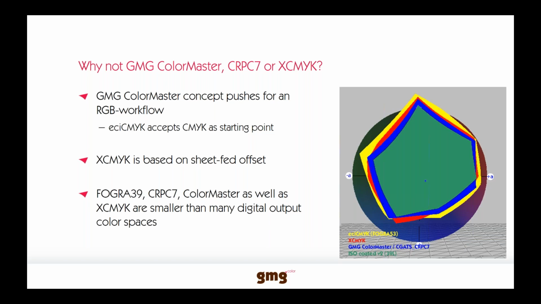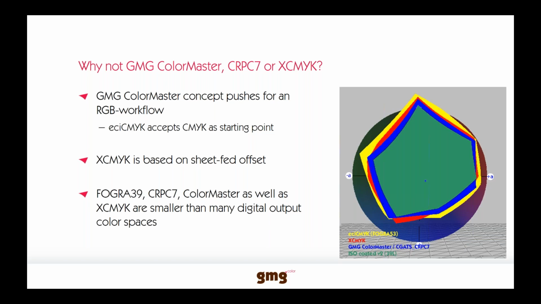In the US, since this year, 2017, there is a new exchange color space. This color space is based on sheet fed offset. So it's not respecting digital output devices or the variety of digital output devices and the big color gamuts of these output conditions. The same is with CRPC7, which is as well a color space mainly used in the US.